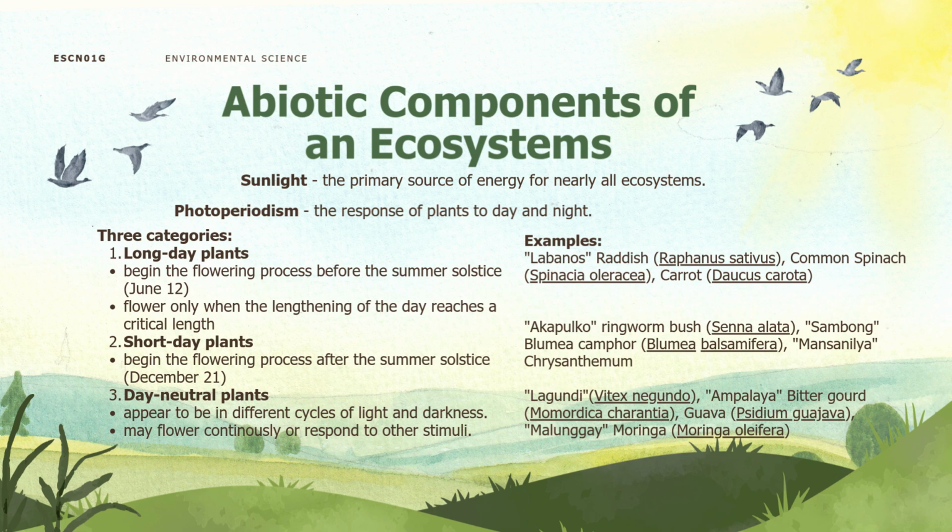Some examples of these are the white radish, or in Tagalog, labanos, the Raphanus sativus in scientific terms. We also have the common spinach or the Spinacia oleracea and the carrots, which is also typically known as the Daucus carota.